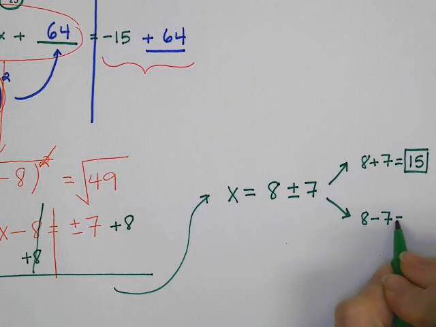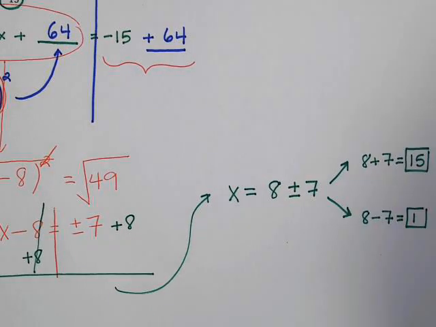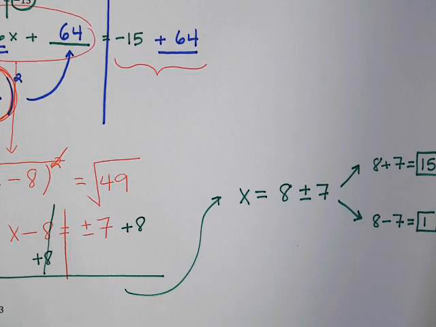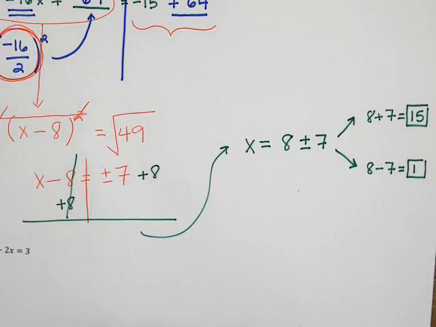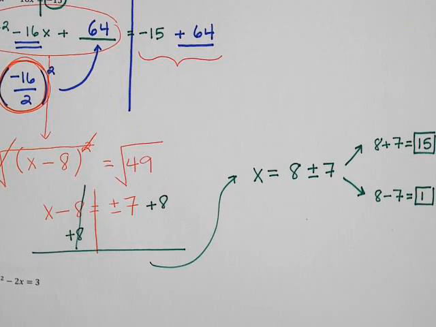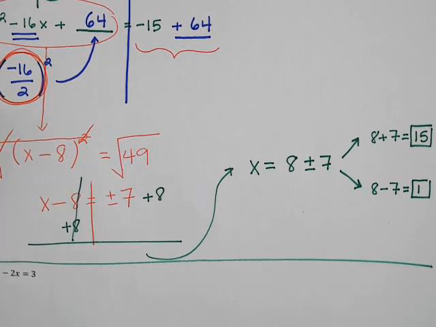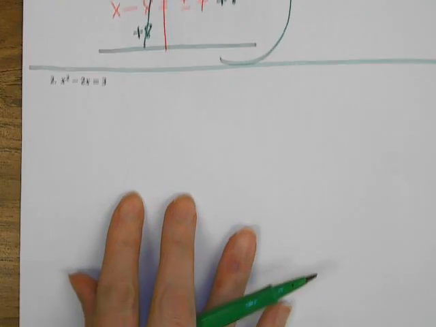And 8 minus 7 is 1. So your solutions are 15 and 1. Okay, again guys, this is a challenge problem. It's more of an Algebra 2 topic, but we're just going to introduce it. Okay, so we're going to try one more of these, and then in class we're going to go over more.